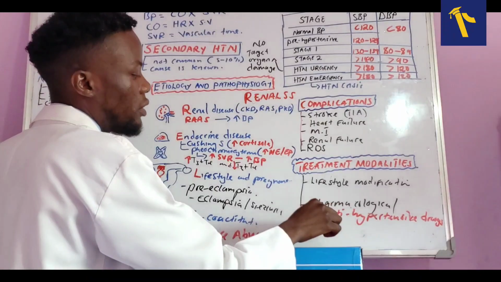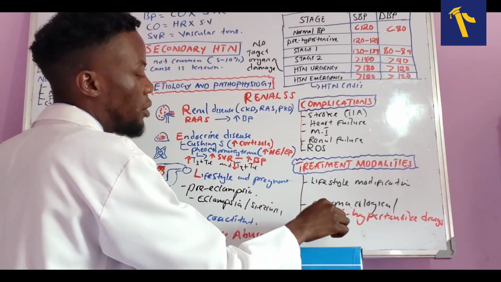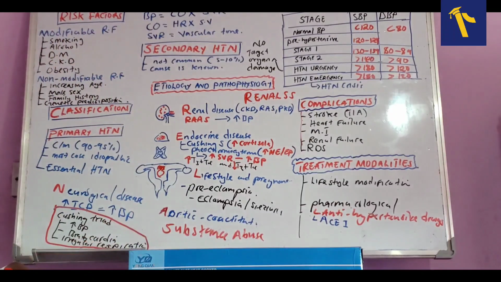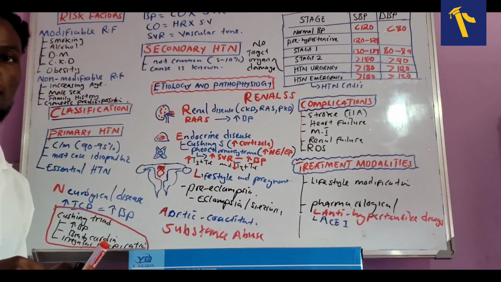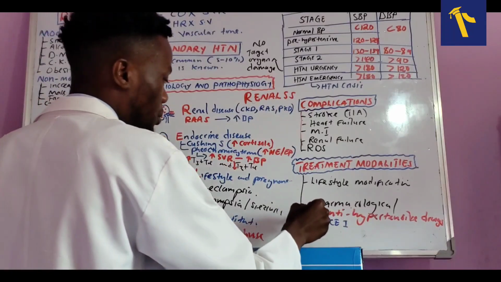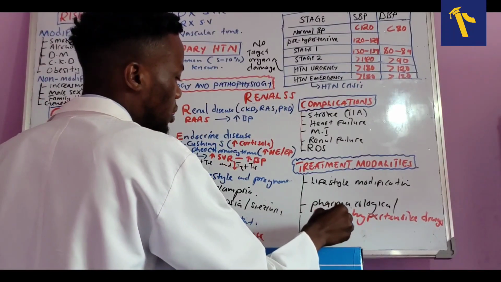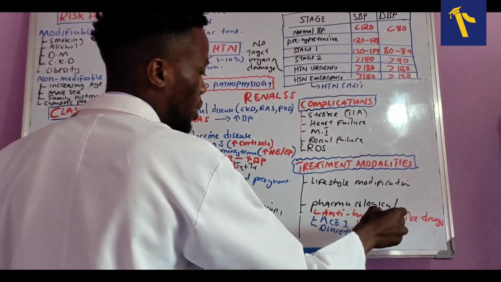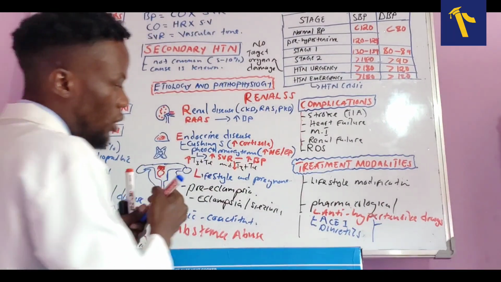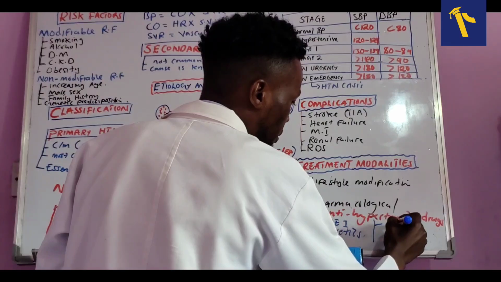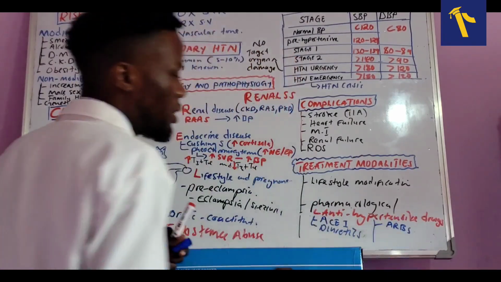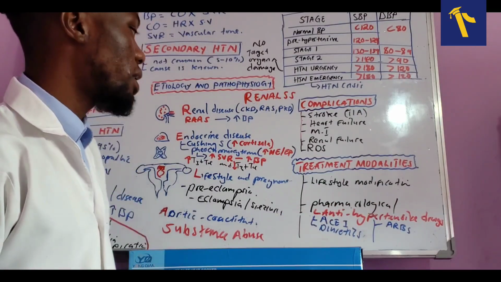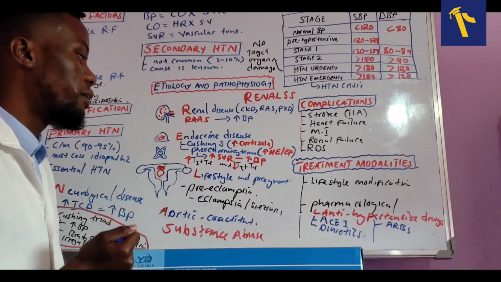We can be giving these people ACE inhibitors, angiotensin converting enzyme inhibitors. This can help. You can also give them diuretics, which help as well. What else? You can also give them ARBs. ARBs is angiotensin receptor blocker. You can also give them that.